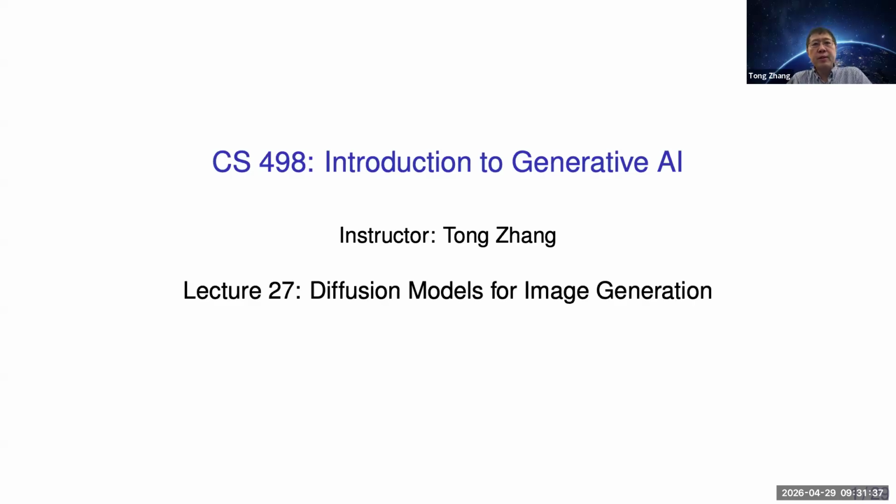So anyway, we will talk about these two issues, more on the practical side, and then we will talk about stable diffusion, which is the popular open source package for diffusion model, and that many people use, including the research community, including all the artists and so on.